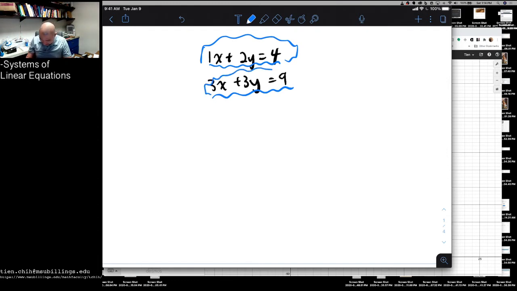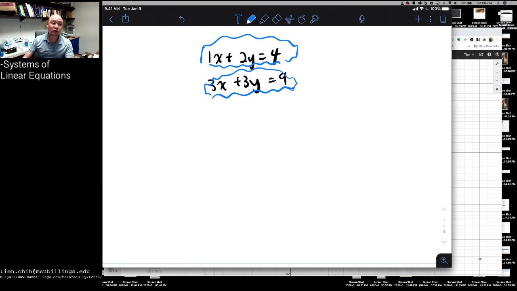And the same thing here. If I look at all of the points that make this true, (3, 0), (0, 3), (1.5, 1.5), (2, 1), (1, 2), (4, -1). Those all form a line in this space as well.